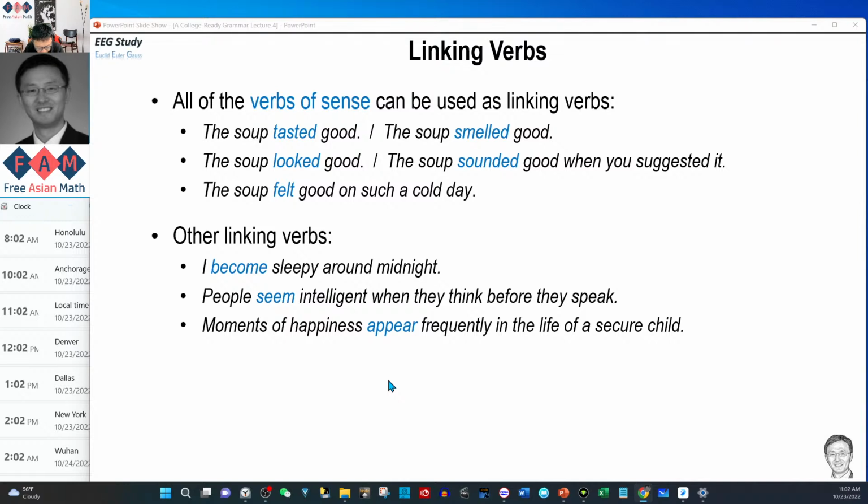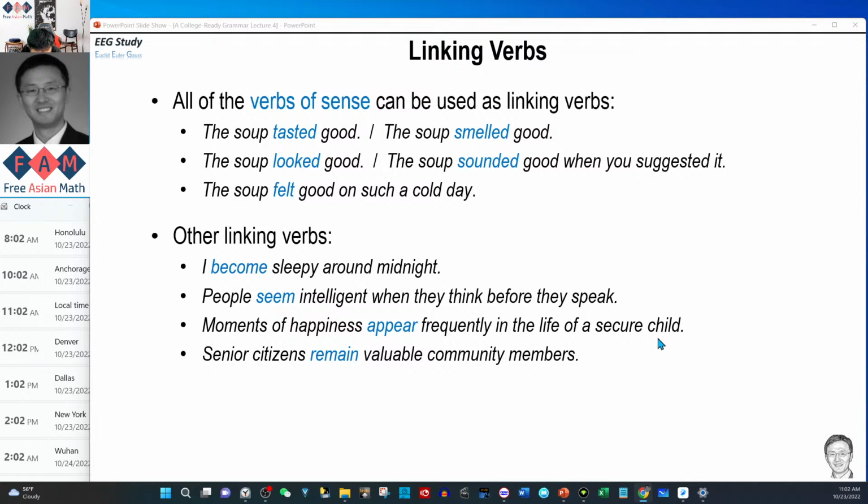Here, appear is a linking verb. In the life of a secure child is what we call a prepositional phrase, functioning here as an adjective.